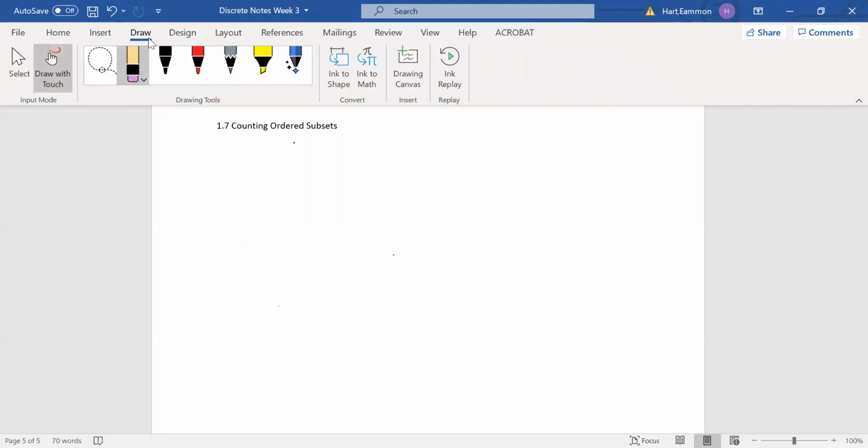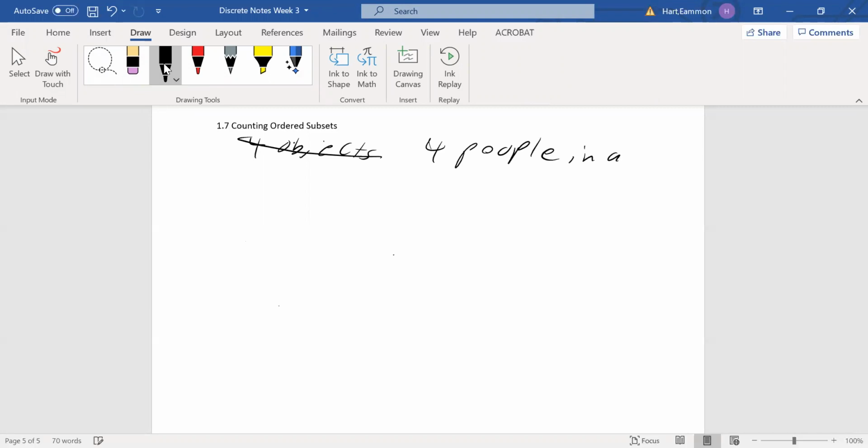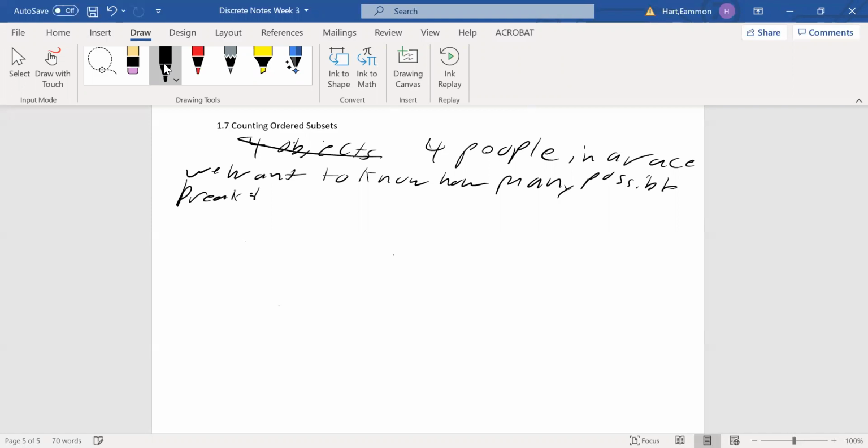So if we have 4 objects, 4 people in a race, and we want to know how many possible breakdowns are there for first and second place.